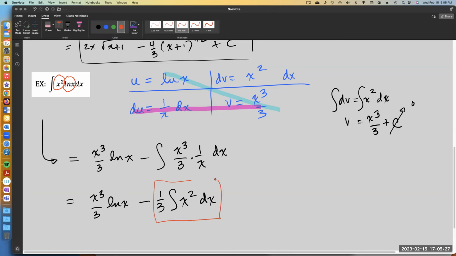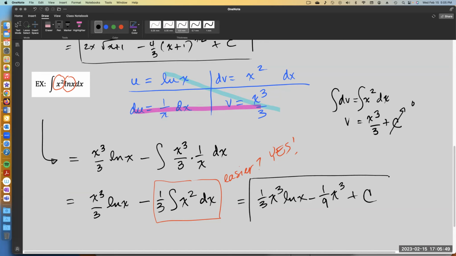Is this easier than the original? And the answer, of course, is yes, because we know the antiderivative for that. So then we can cut to the chase here and write our final answer. And here we do have a plus c.